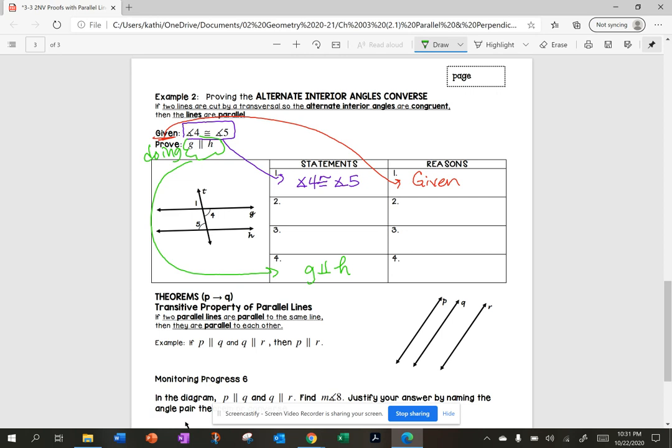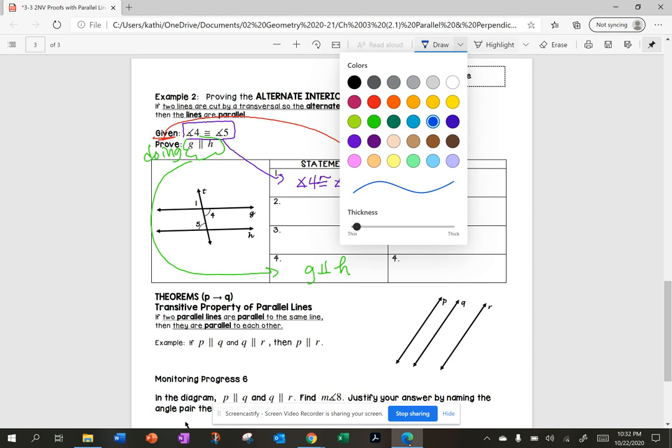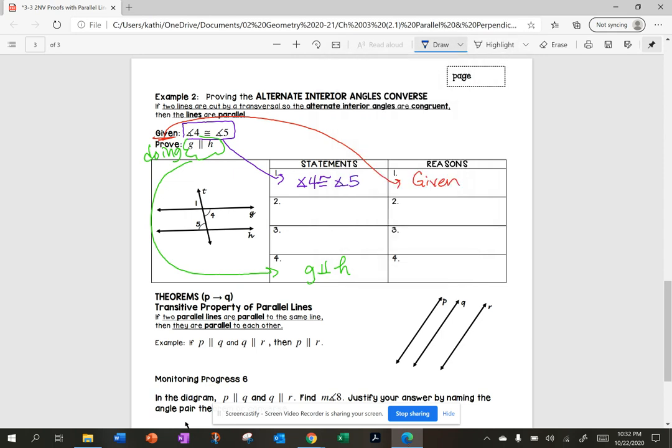Okay, so I basically want to name what the angle pair is. I know that angle 4 and angle 5 are congruent. That was given. I also know angle 1 is congruent to angle 4, and I know that because angles 1 and 4 are vertical angles, so definition of vertical angles.